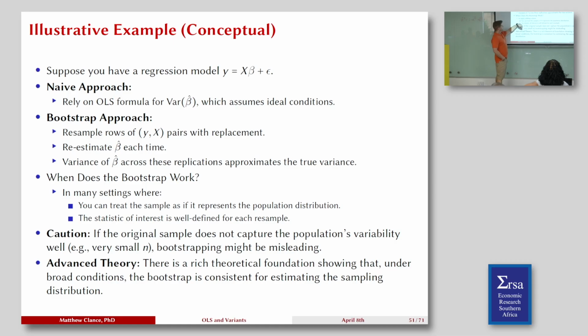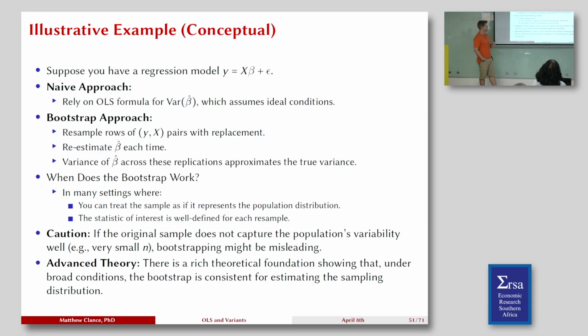So when does the bootstrap work? A lot of times, it's when you can treat the sample as if it represents the population distribution, and also when the statistic of interest is well defined for each of the resamples.